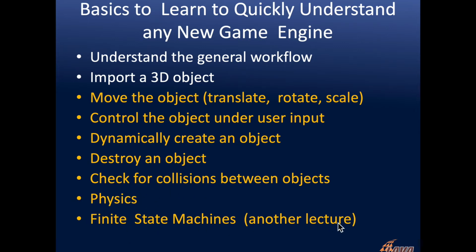This finite state machine stuff we'll cover in a different lecture. But if you think about it, these fundamentally are the minimum set you need to know for just about any game engine that you're trying to learn. So even if you transition to a new game engine like Unreal, you try to figure out how to master these main pieces, and you're basically on the right course.